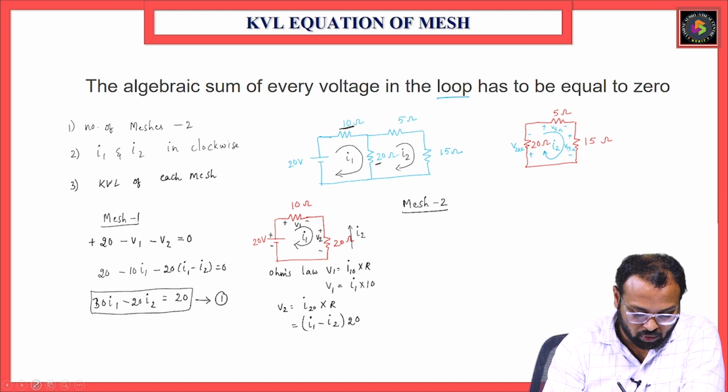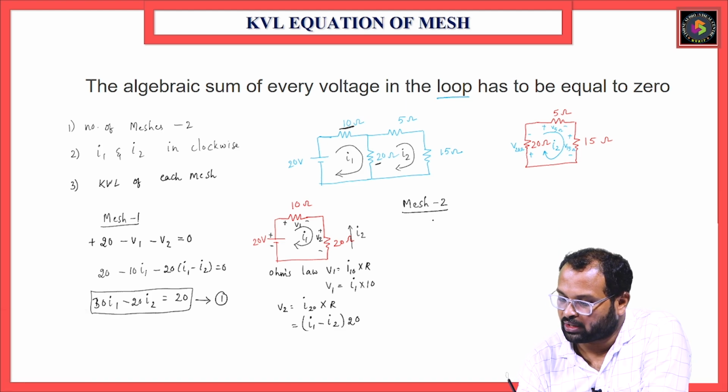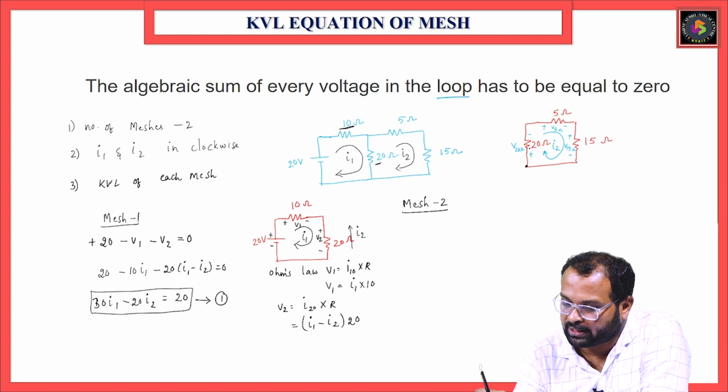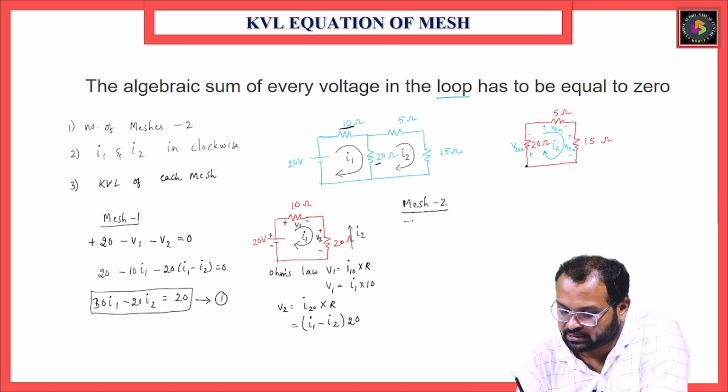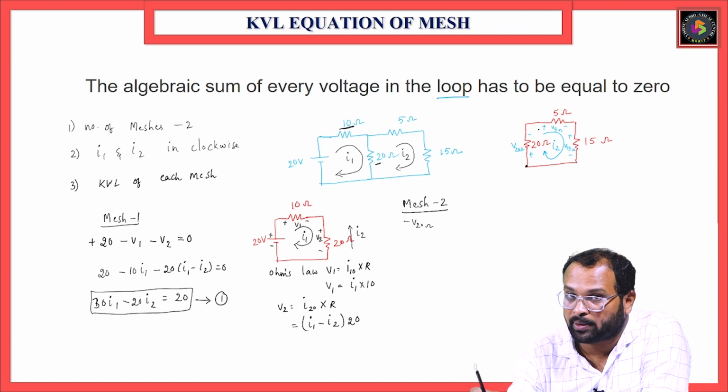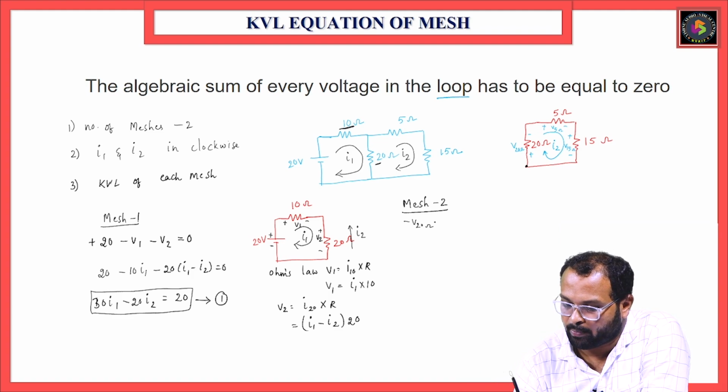Okay. So now we have to apply KVL first. We can start from any one point, so I will start from V20. The current direction is this one, so plus to minus, which means voltage is dropping. That means minus V20 ohms. Here also voltage is dropping, plus to minus, so minus V5 ohms.